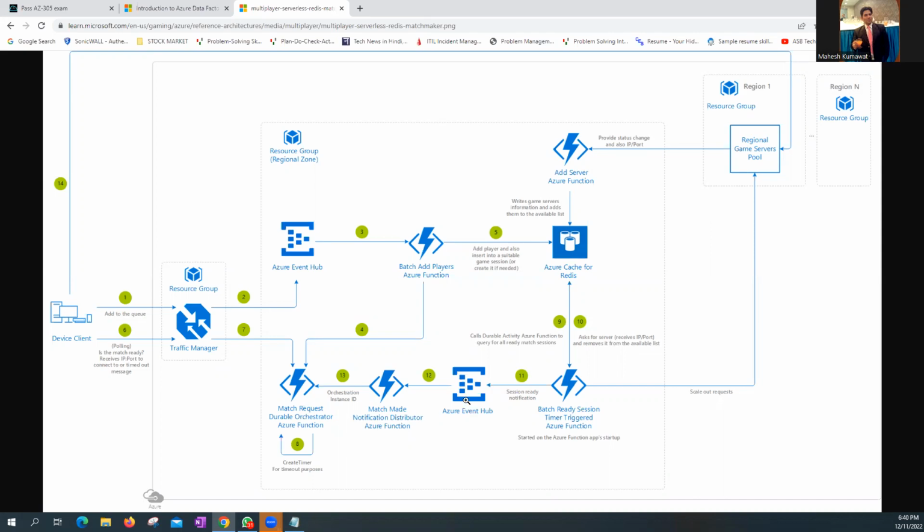And then Event Hub provides information, the notification distributor functions work, and then the request distributor. So you should understand the internal architecture design of the different architectures. Suppose you are creating it and providing the architecture to different teams. Understanding the architecture is the most important thing you should understand in architecture design.